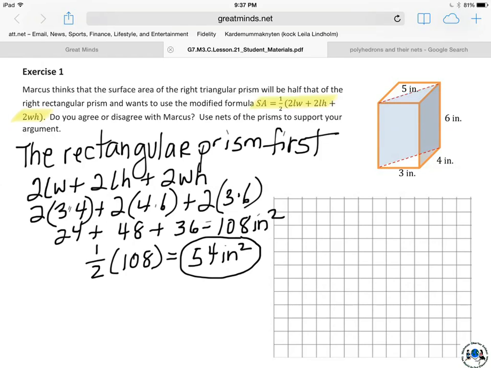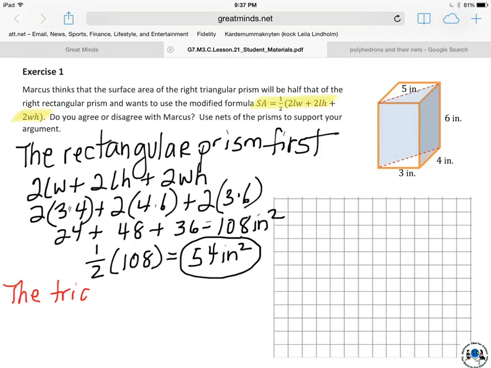So Marcus, give him credit. He's trying to come up with a shortcut. Shortcuts are always well appreciated in math, but they don't always work. So we're going to go ahead and test his theory, or his modified formula, right now.